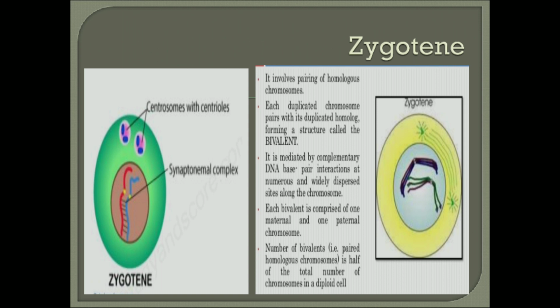Zygo means in pair form. It includes the pairing of the homologous chromosomes of maternal and paternal origin. Each duplicated chromosome pairs with its homologous chromosome, and the structure is called a bivalent.